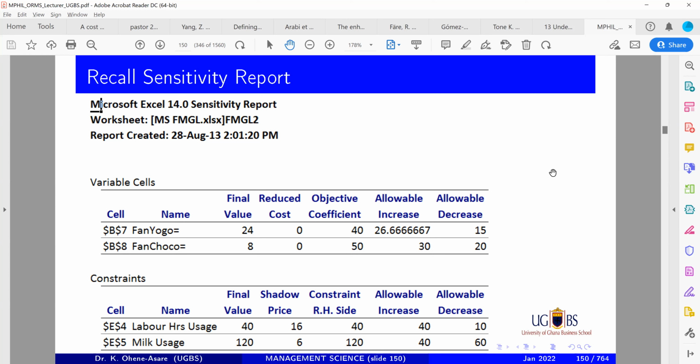We've explained the final values for the variable cell and for the constraint, the reduced cost and also the shadow price, the objective coefficient, and the right-hand side of the constraint. What is left is the allowable increase and the allowable decrease. And that is the sensitivity range topic.